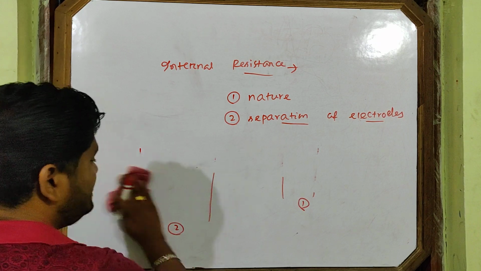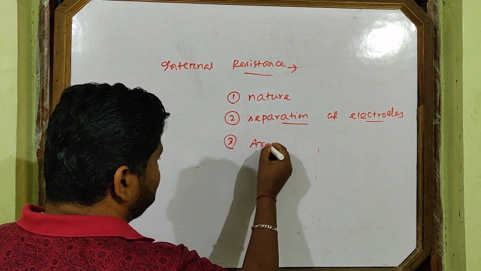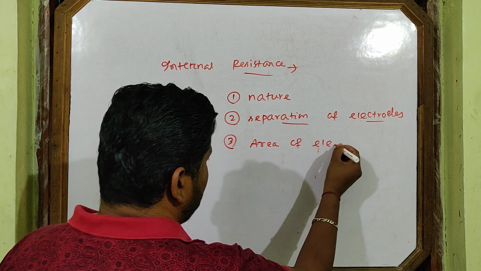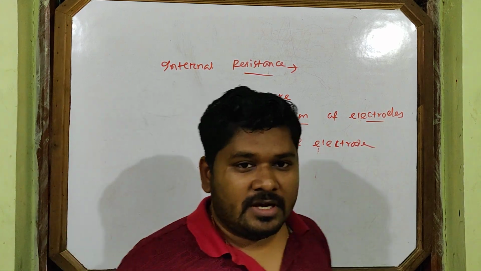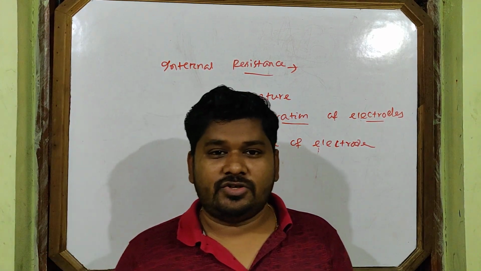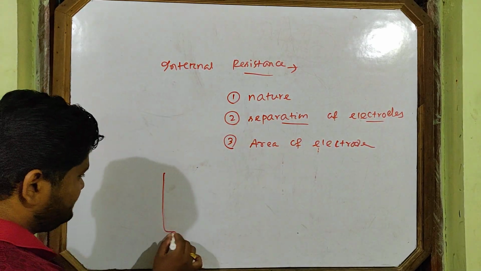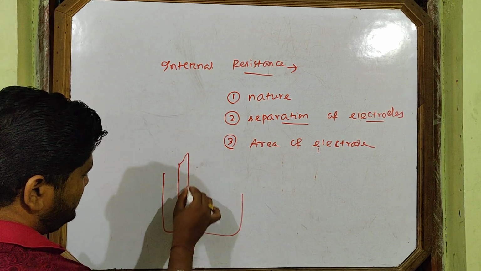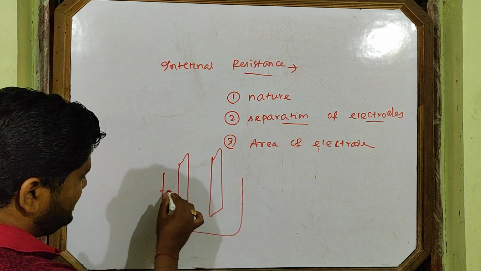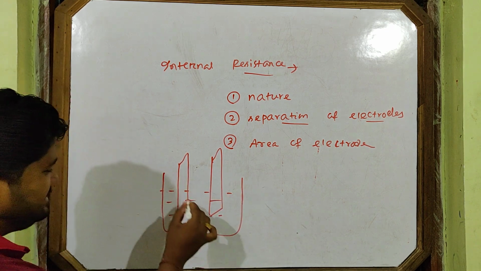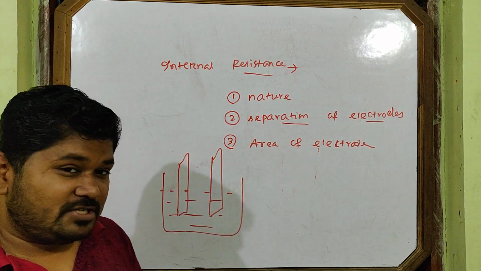The third point on which it depends is the area of electrode dipped in electrolyte. When you dip the electrode inside the electrolyte, how much area you dip also matters.